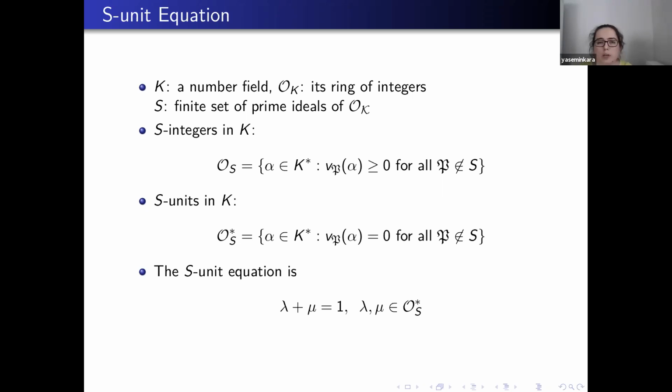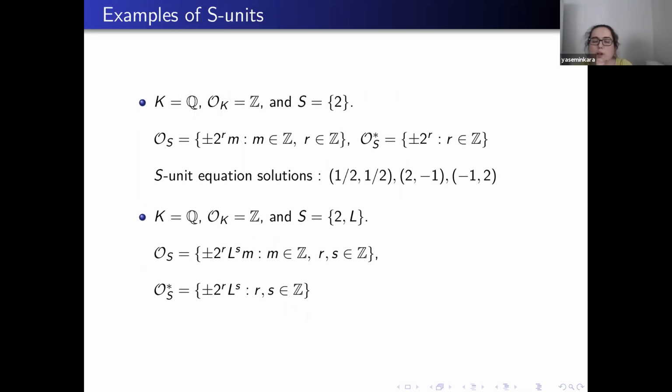Okay, any questions, by the way, so far? Okay, so let me give some examples. For example, if our field is rational numbers, then of course the ring of integers is just the integers. And let's say that in S we have just 2.